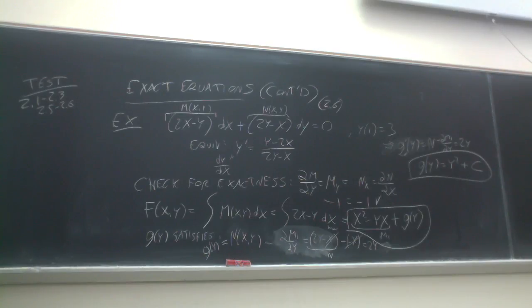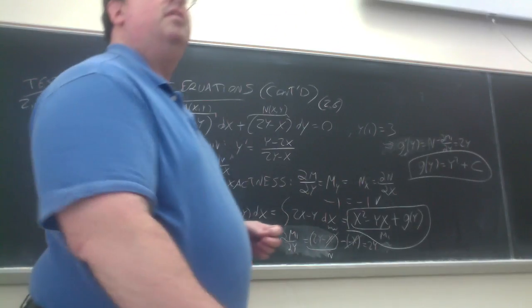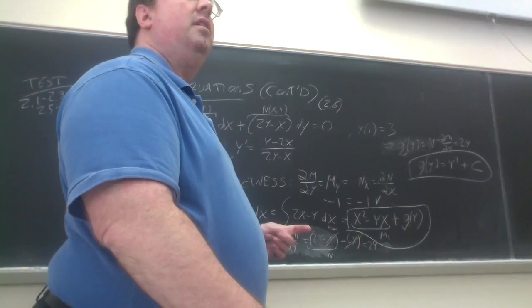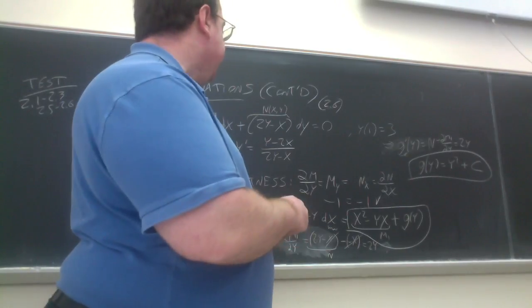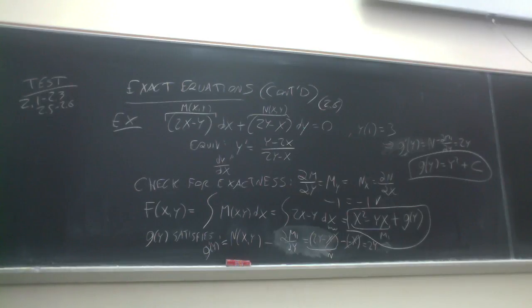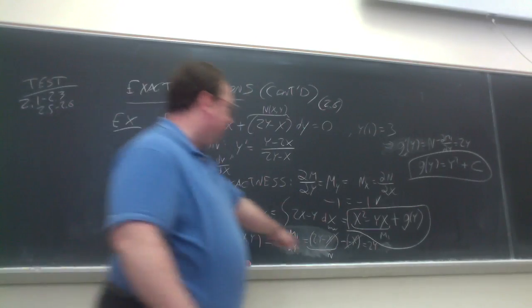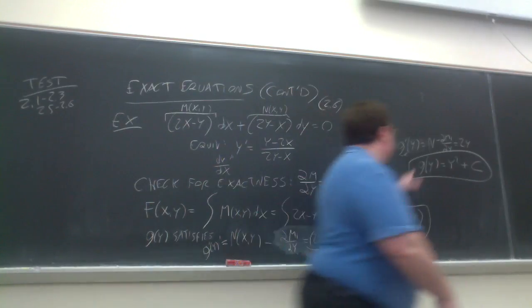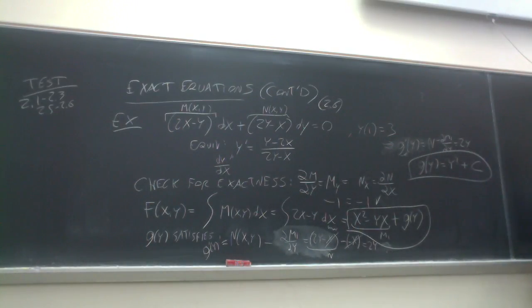You have a question? So this is g of y or g prime of y. G prime equals this. That's what I have here. Okay. Thus, we solve for g of y by integration.